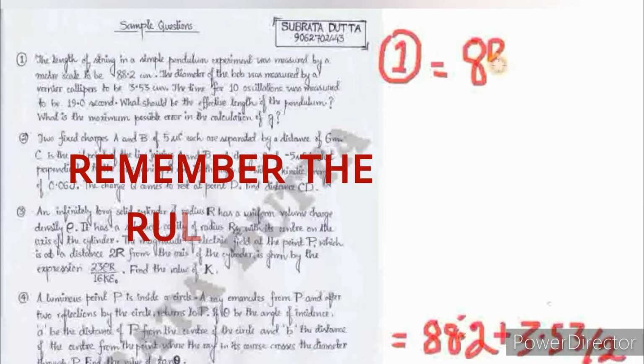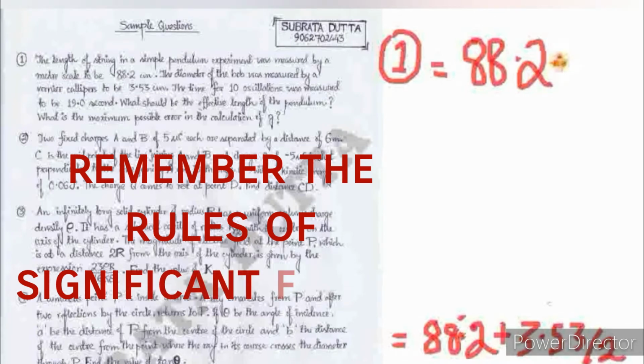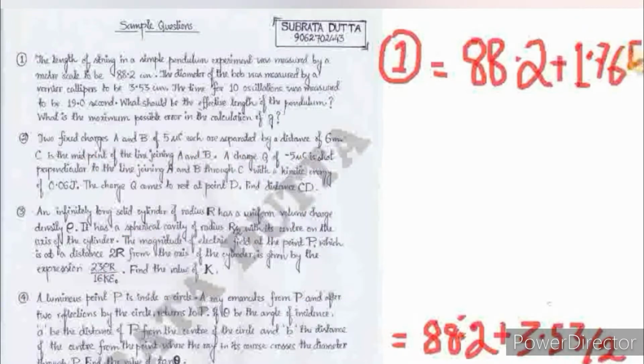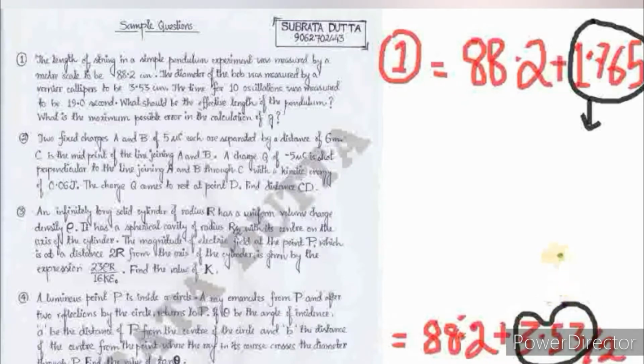During multiplication or division, the total number of significant figures in the number should be maintained in our result.